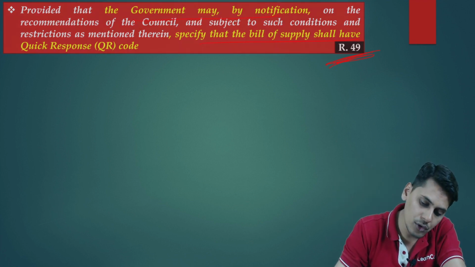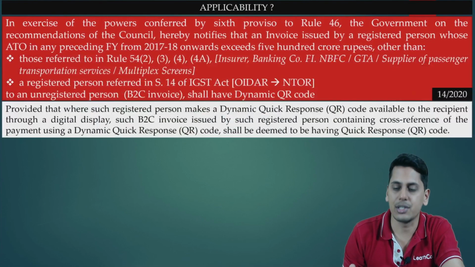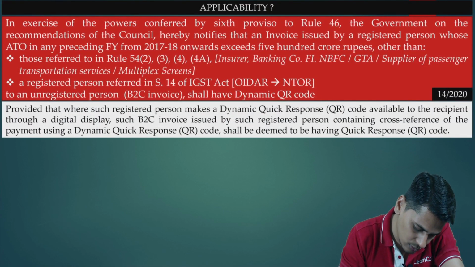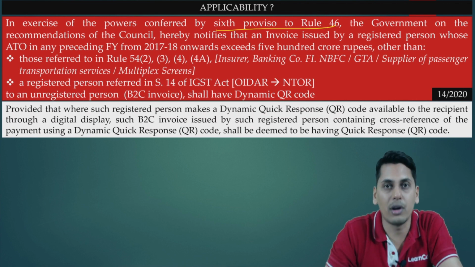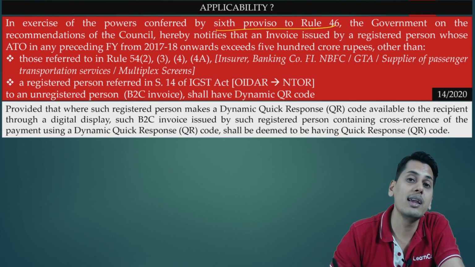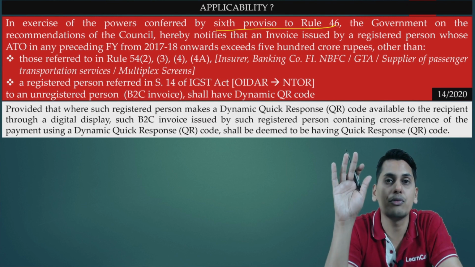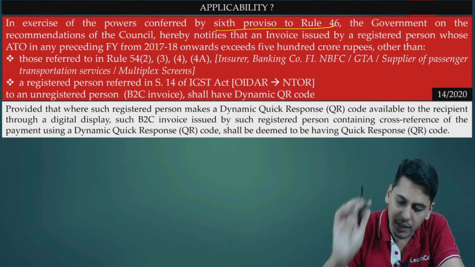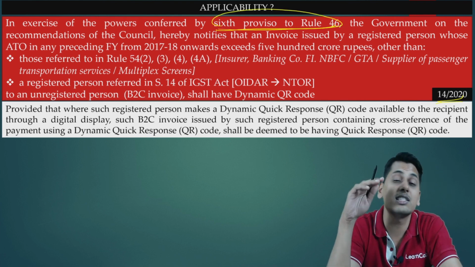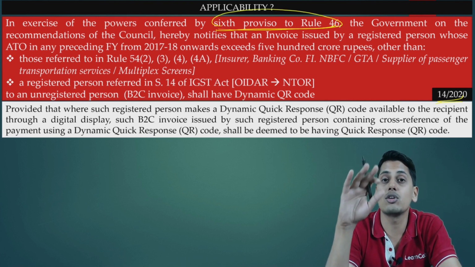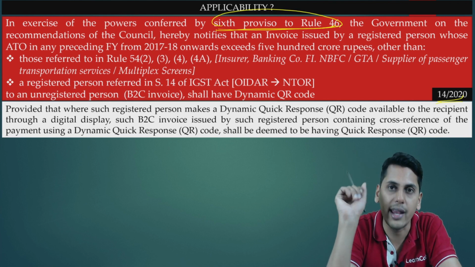However friends, if you carefully look into the notification 14/2020, which is issued under the 6th proviso to rule number 46, it does not have any mention to rule number 49. I repeat, 14/2020 has got a mention only to the 6th proviso to rule number 46. It does not have any mention to rule number 49.